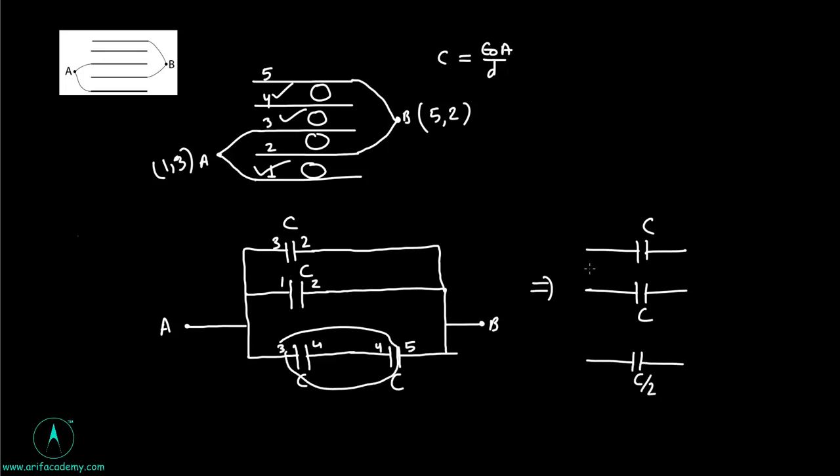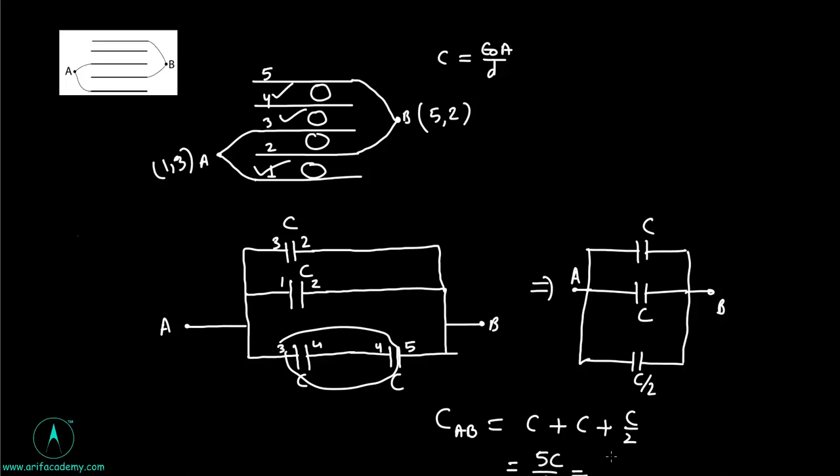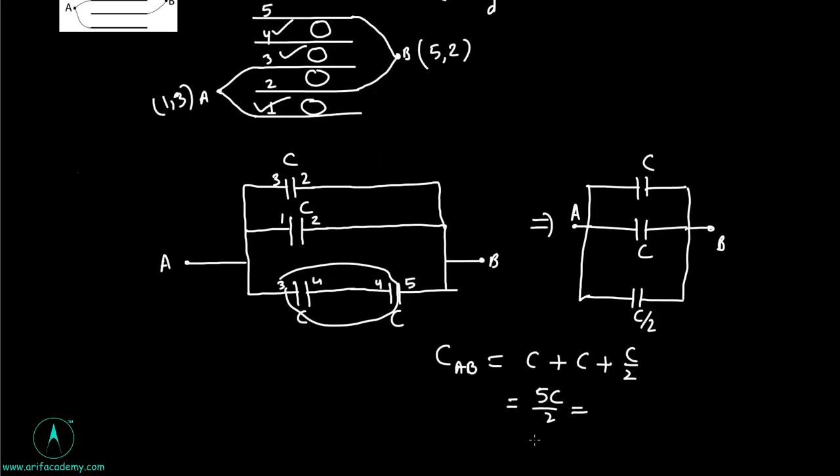So this is C by 2, and these 3 are in parallel. This is B, this is A. So CAB will be equal to 5C by 2, I mean 5 by 2 epsilon naught A by D. So this is their equivalent.